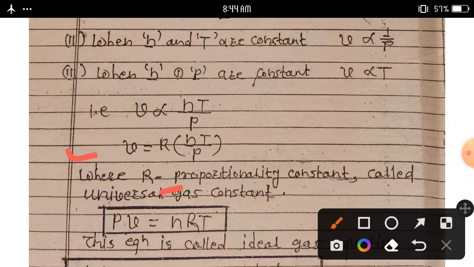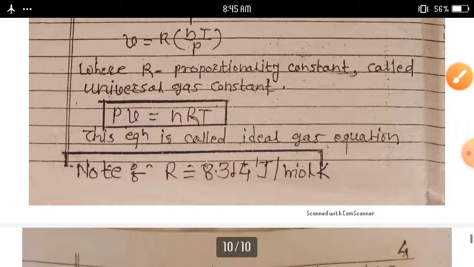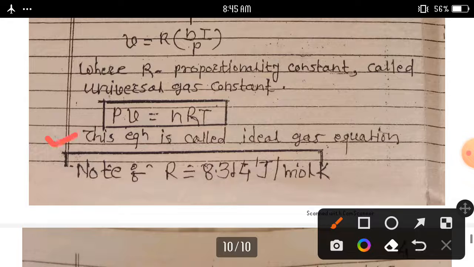Rearranging this equation, PV is equal to nRT. This is called the ideal gas equation. We can calculate the value of the universal gas constant: R is equal to 8.314 joule per mole kelvin.